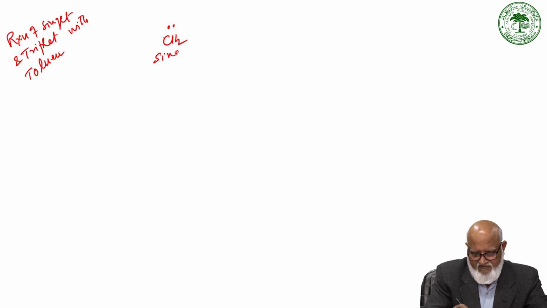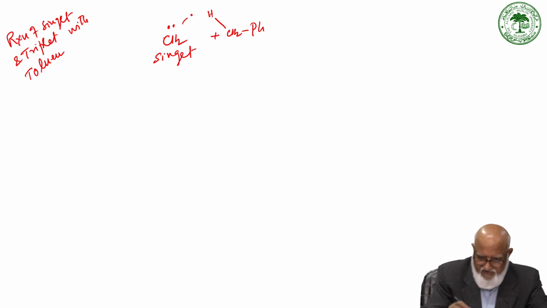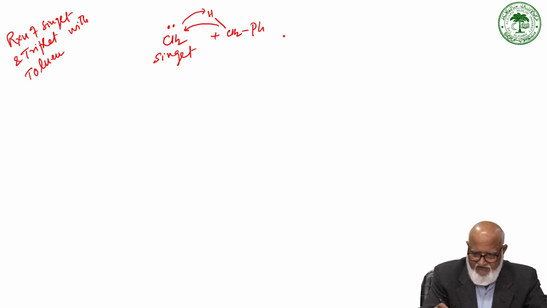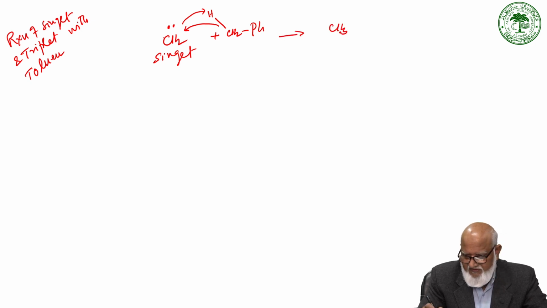This singlet carbene reacts with toluene, so we can write toluene like this, and then it gives rise to CH3CH2Ph.